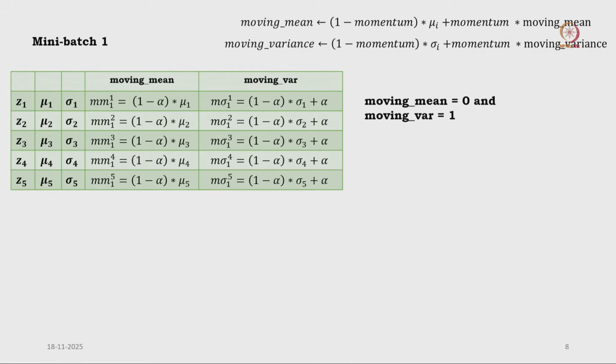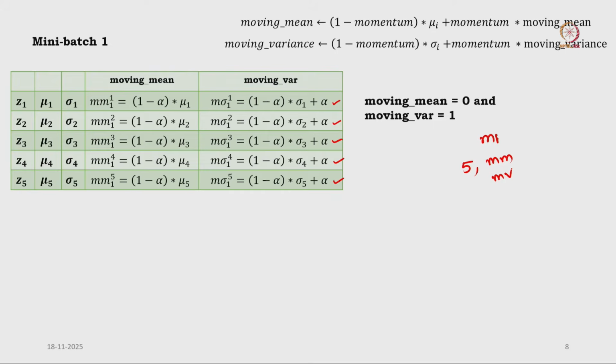So, this is how you are now calculating for Z1, Z2, Z3, Z4, Z5. For every neuron in the hidden layer we are calculating these. Which means for mini batch 1, since there are 5 neurons at a hidden layer, for every neuron we calculate mean and standard deviation, and we are also calculating moving mean and moving variance.